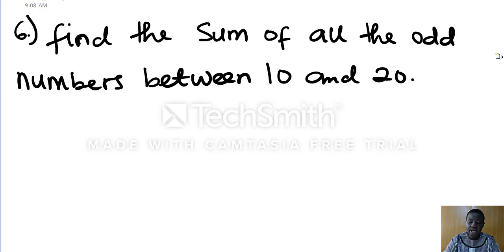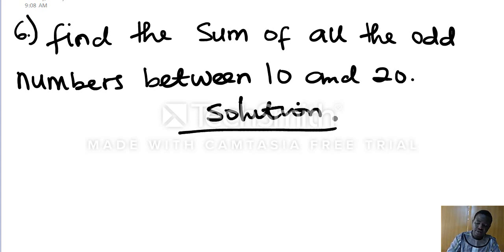Question 6 says we should find the sum of all the odd numbers between 10 and 20. Remember, you need to first of all understand the question before you'll be able to solve. So let's first of all write down all the numbers between 10 and 20.